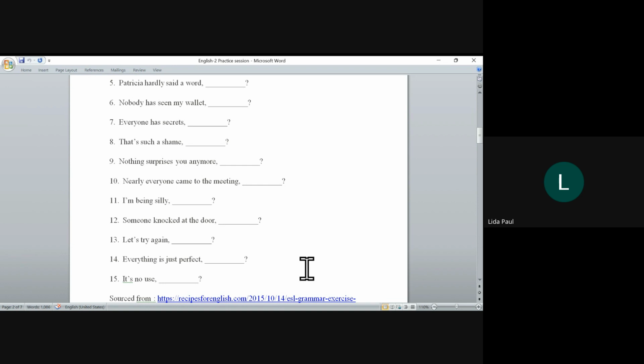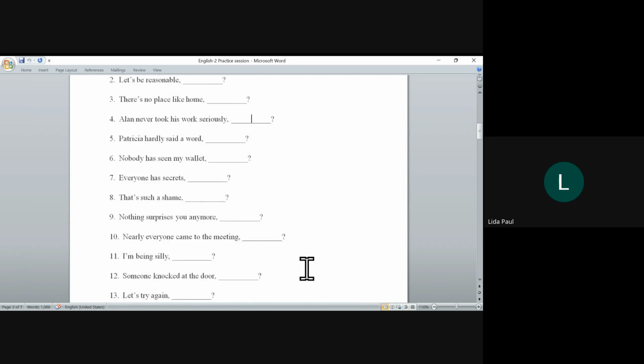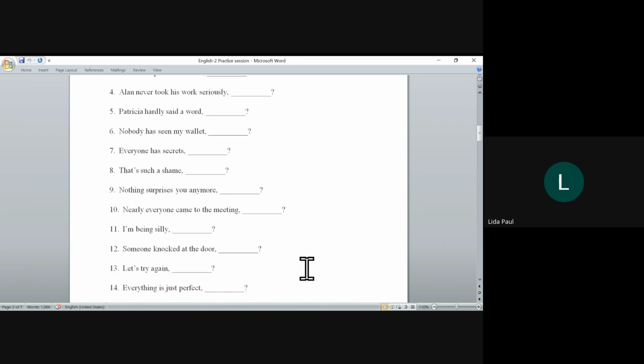No, not should. We discussed it for question number 2. This let's kind of sentence is also a sentence in subjunctive mood. Whenever you have these kind of sentences, the question tag is shall we. Let's try again, shall we?